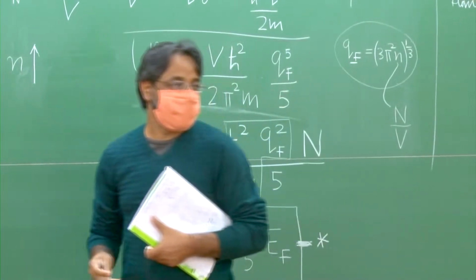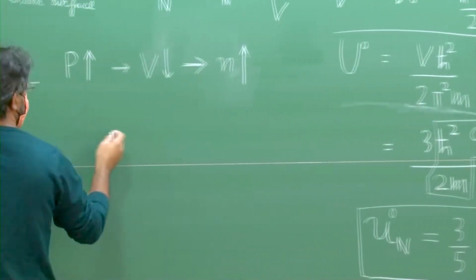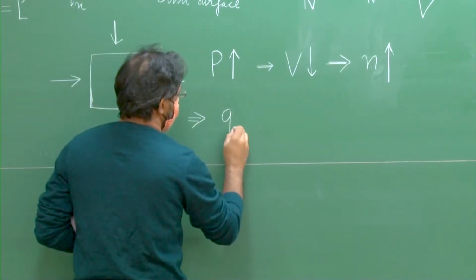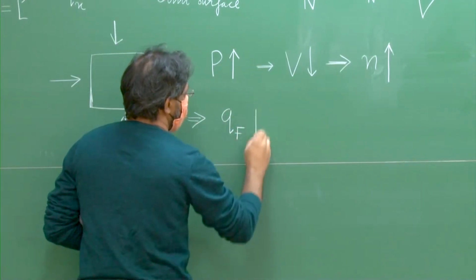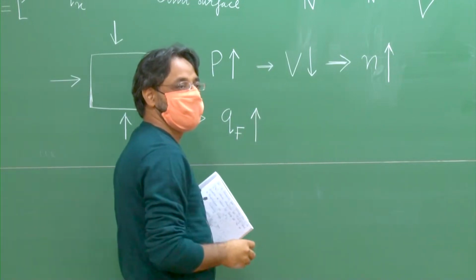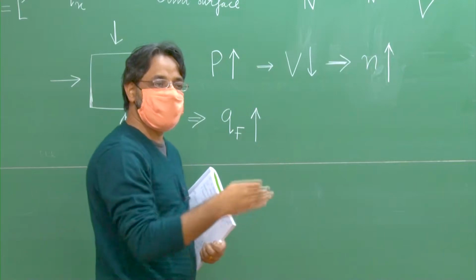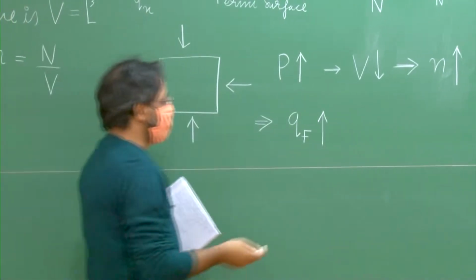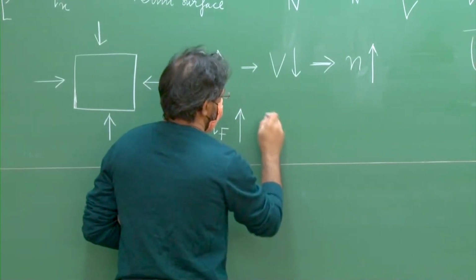That would go up, right. If QF goes up, what will happen to EF, the Fermi energy? That would also go up because the Fermi energy scales with the square of QF. So the Fermi energy would also go up.